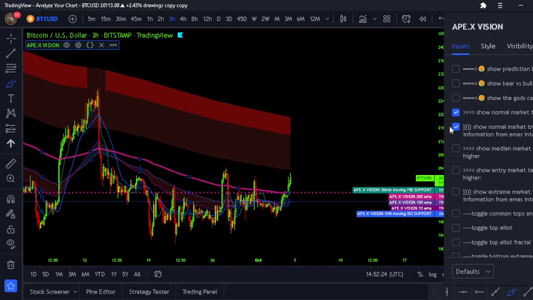So let's go ahead and turn on the extreme market entries and stuff like that. Here we can see another band of EMAs. Right now we're trading in the buy ranges.